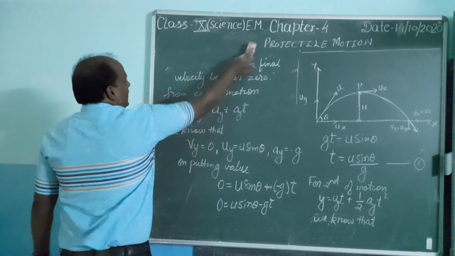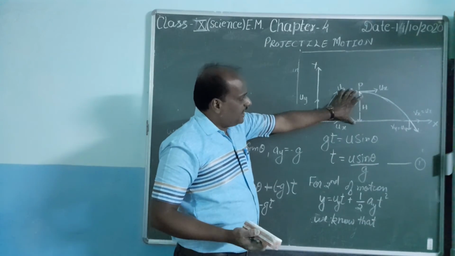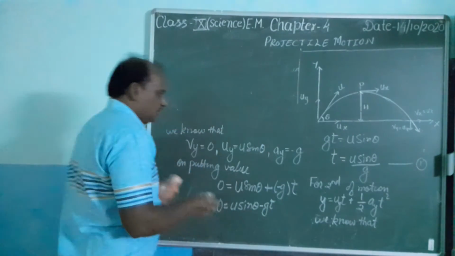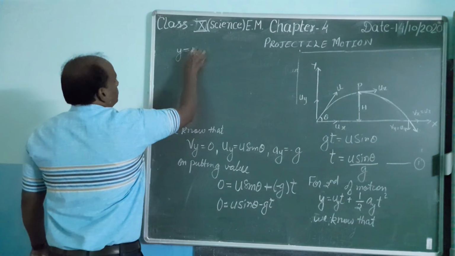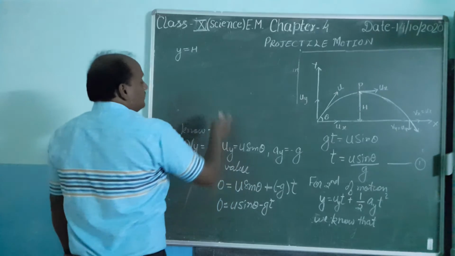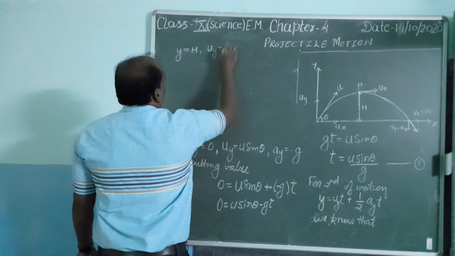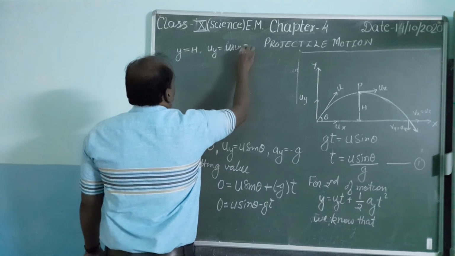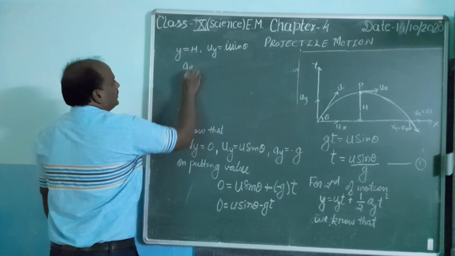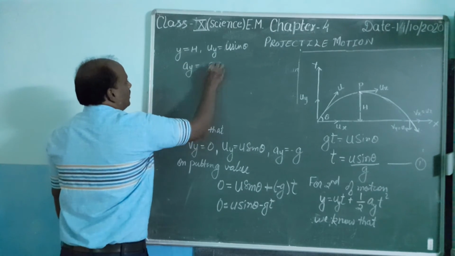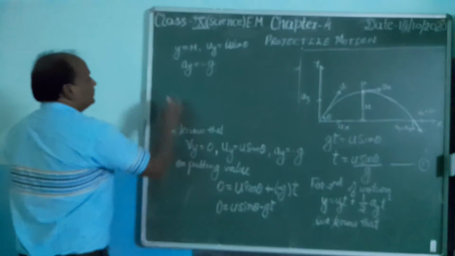For maximum height, in place of y, let the maximum height be h. So y equals h. What is the value of uy? Uy equals u sin theta, and you know ay equals minus g.